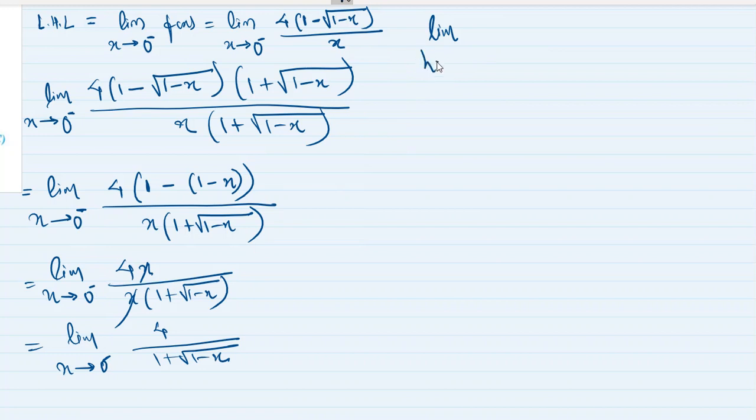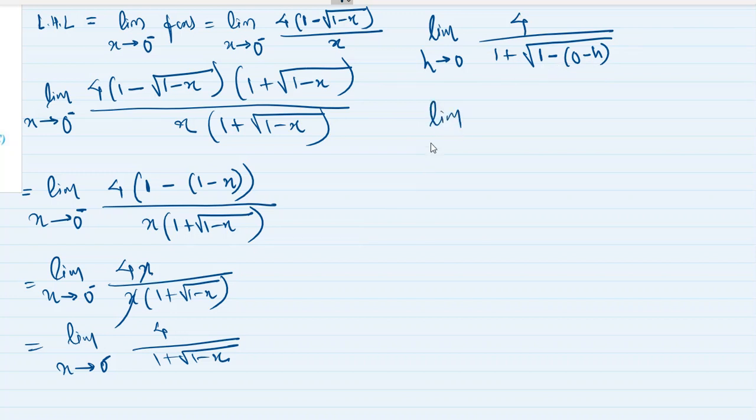So when h tends to 0, this would become 4 upon 1 plus under root of 1 minus, this will be 0 minus h. Okay, and 0 minus h is tending to 0, so 1 minus 0 will be 1, and under root of 1 will be 1, so 1 plus 1 will be 2.